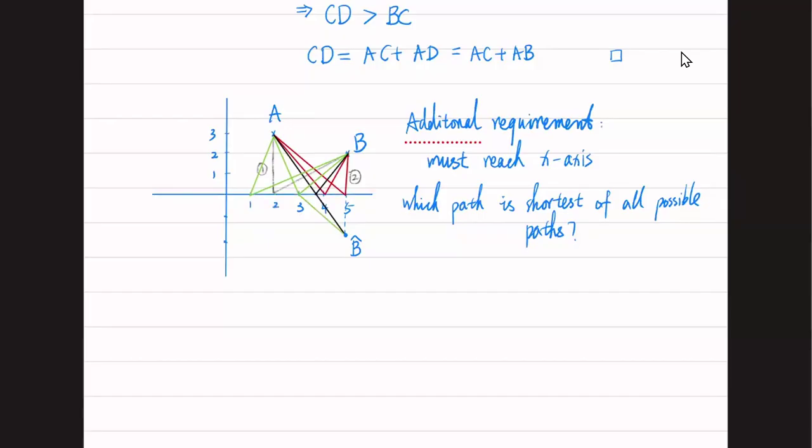Wrong choice. Okay, now let's check. I claim if we go from A to this point, then back to B, the total length is the same as we go from A to the image. Do you agree with this?